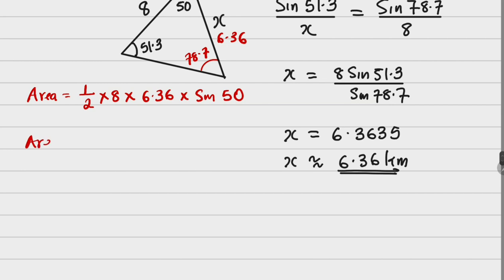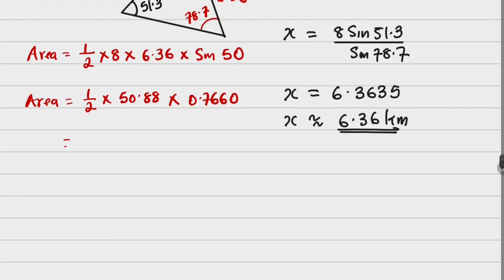Now the area will now be equals to 1 over 2 times 8 times 6.36, which will be 50.88 approximately. Then times the sine of 50, which is 0.7660.